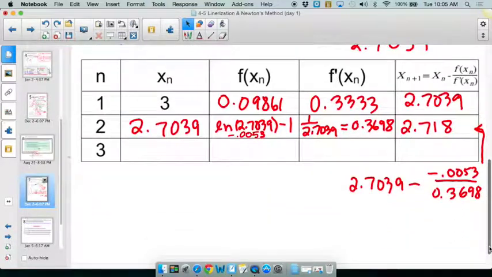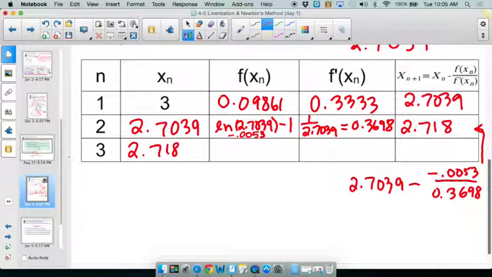And then if we went through this a third time with 2.718, we would find that we actually get an updated value that still is 2.718, and the only thing that changed is the stuff beyond the decimal point, beyond the 8. So we're already getting as close as 1/1000th, just in 2 steps.